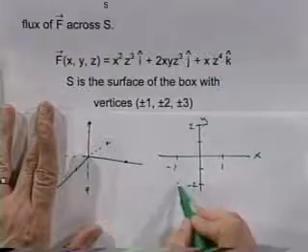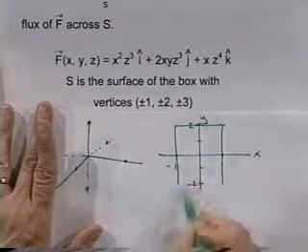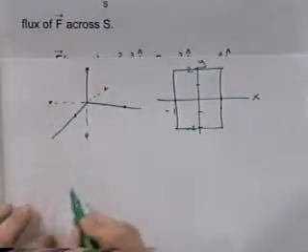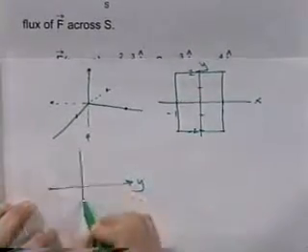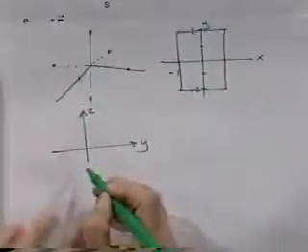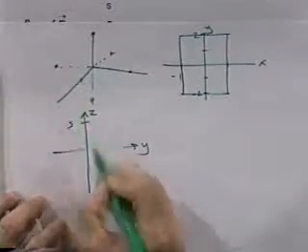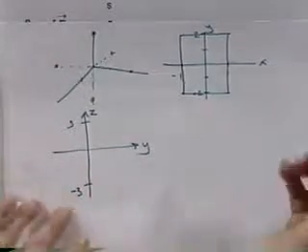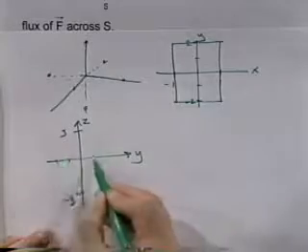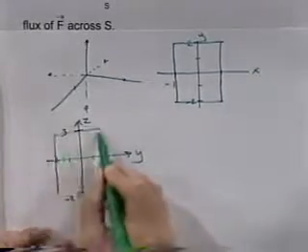That's just looking at it in the xy plane. Then if we look at it, this is the y and this is z. Z is going from plus 3 to minus 3, and again, your y's are going from plus 2 to minus 2. So the cross section looks like this.